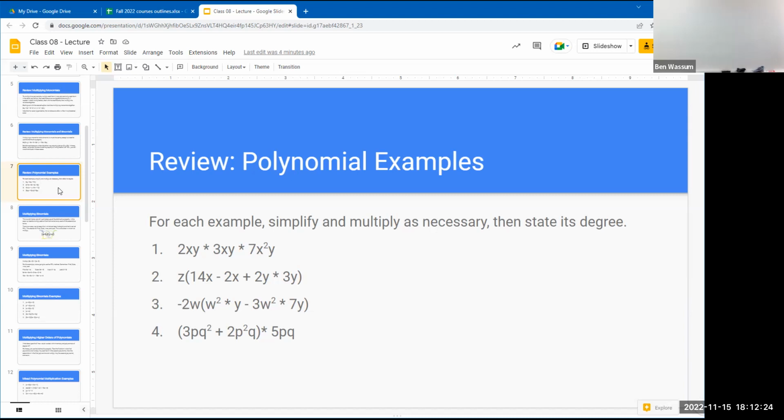Thinking if I could get through this slideshow fast enough, I might just be able to do an entire lesson on systems of equations today. I might be able to. Me thinking out loud. I'd like to. I want to cover that.